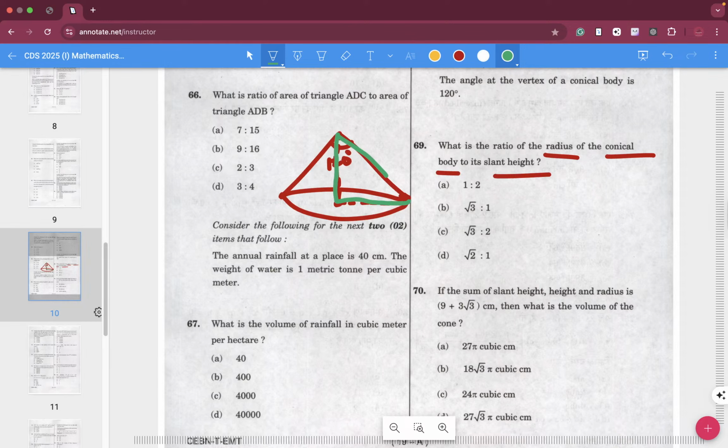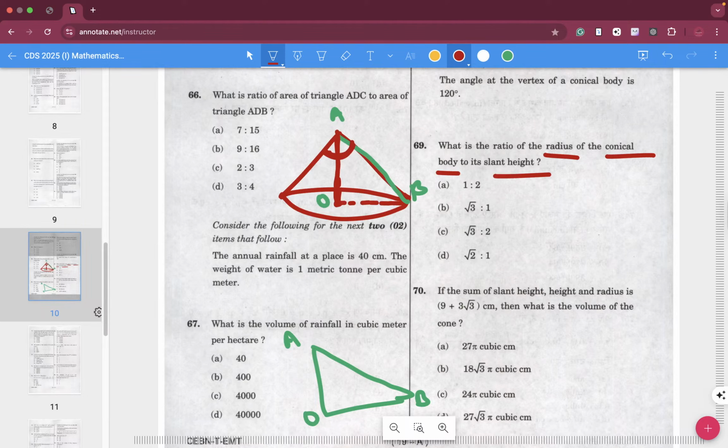Now I'm redrawing this triangle over here. So this is your O, this is your B, and this is your A. If this angle at the vertex is 120 degree and you draw a perpendicular, it will also bisect the given angle.